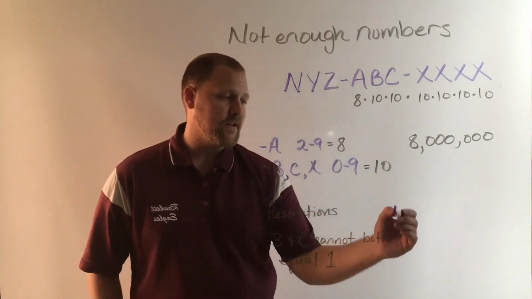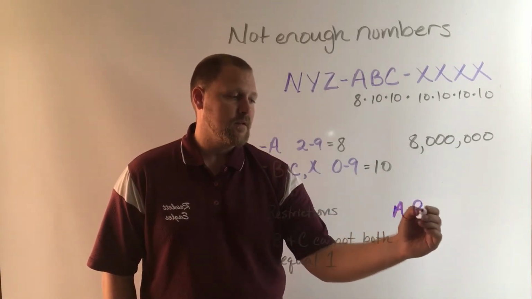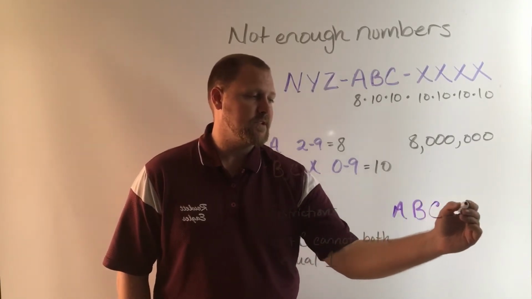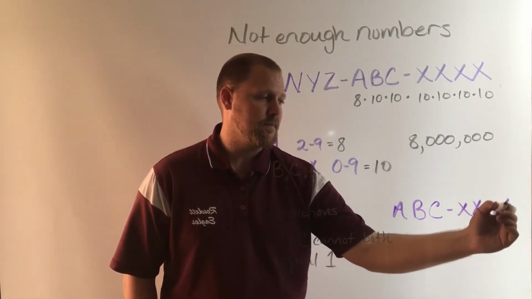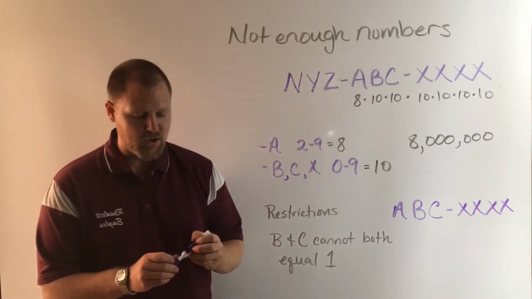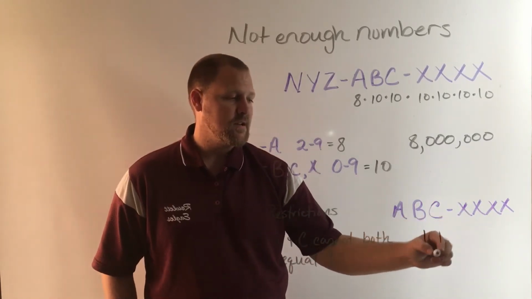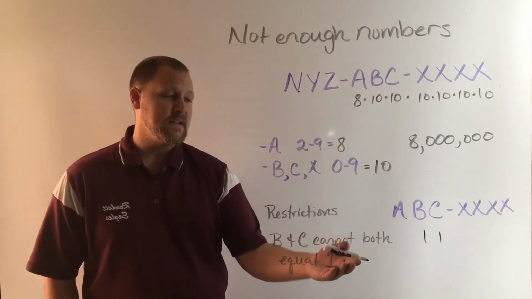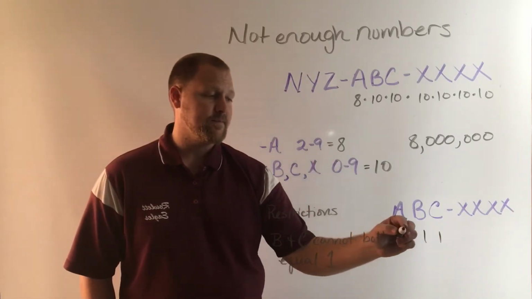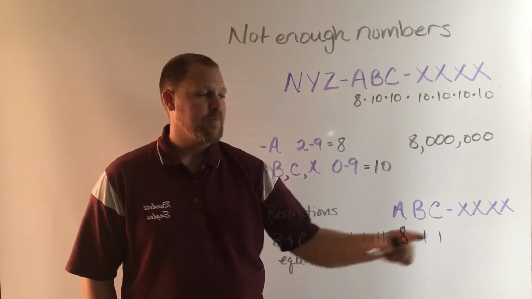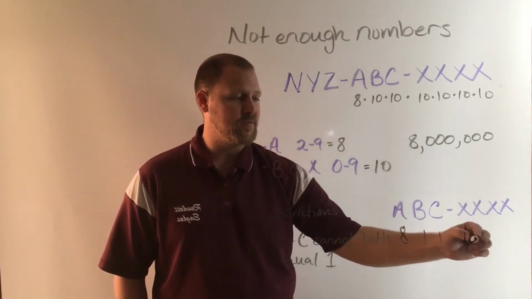So if we take our 7-digit number, the only restriction here is that B and C are both equal to 1. Well, A can still be 2 to 9, so that's 8 digits. X, X, X, X can all still be 10.